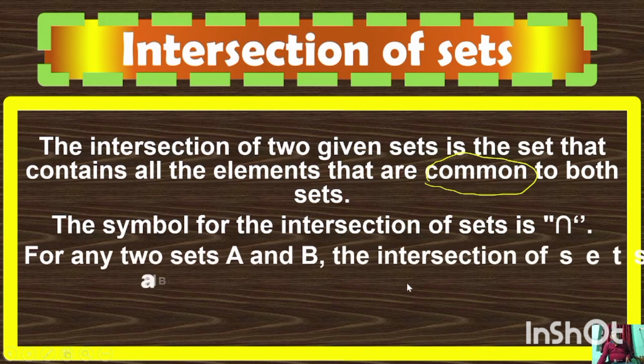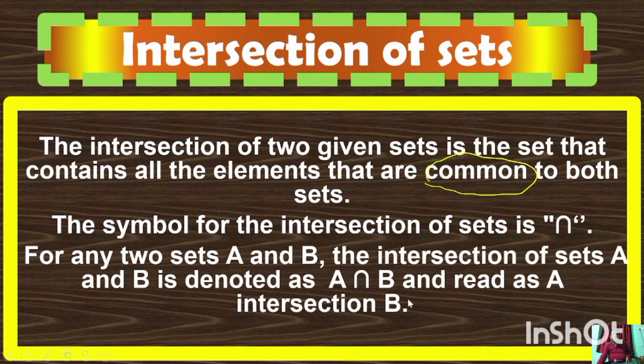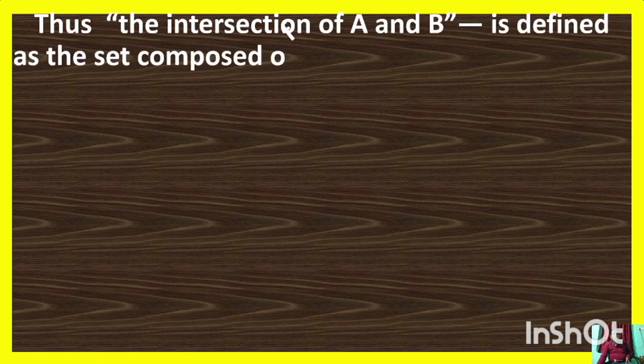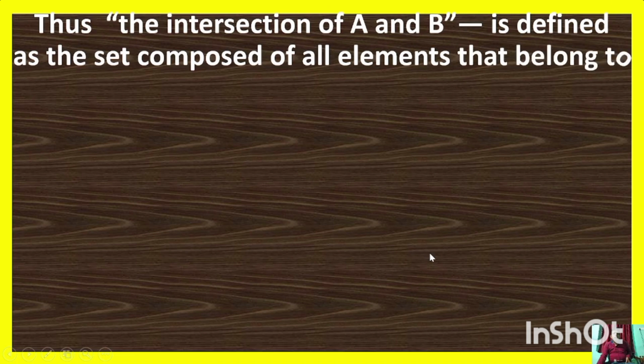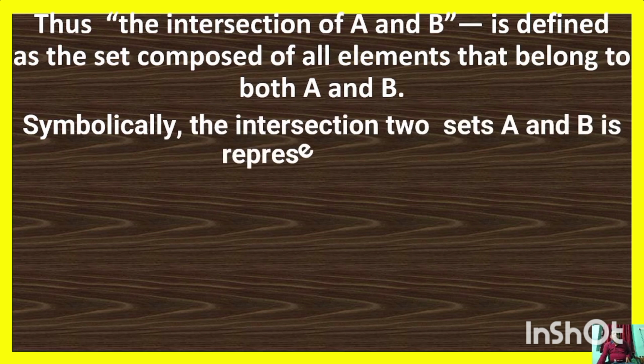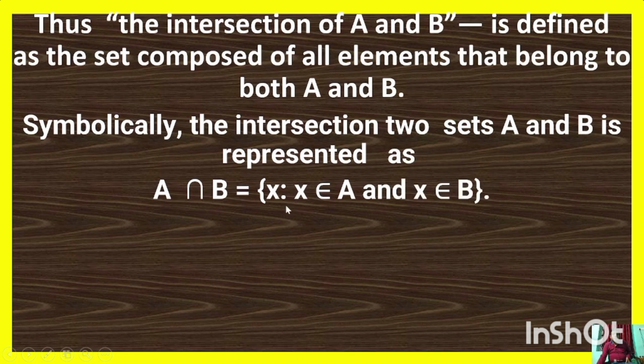For any two sets A and B, the intersection of sets A and B is denoted as A intersection B. Okay, we read it as A intersection B. Thus, the intersection of sets A and B is defined as the set composed of all elements that belong to both A and B. Symbolically, in a similar manner to union, A intersection B is the set of X such that X belongs to A and X belongs to B.